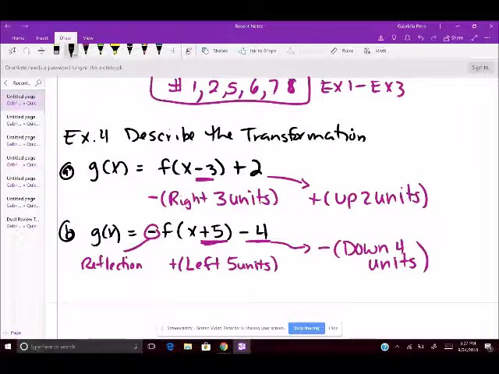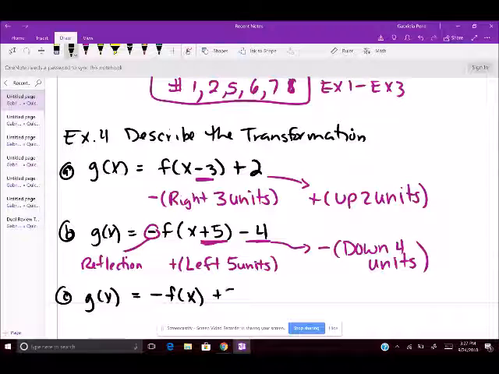One more just to be safe. If they give you g of x equals negative x plus 2.